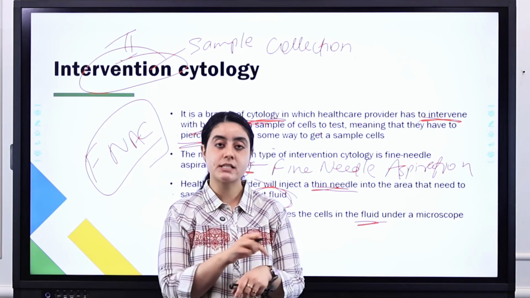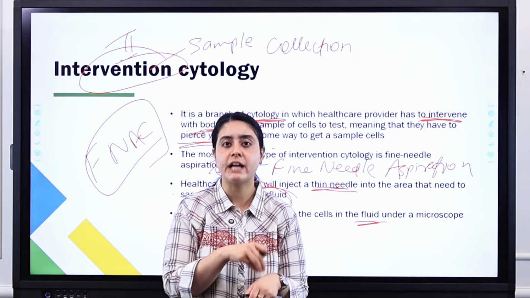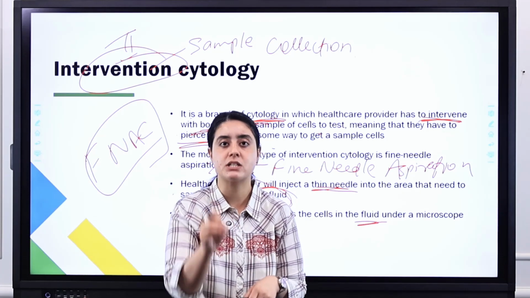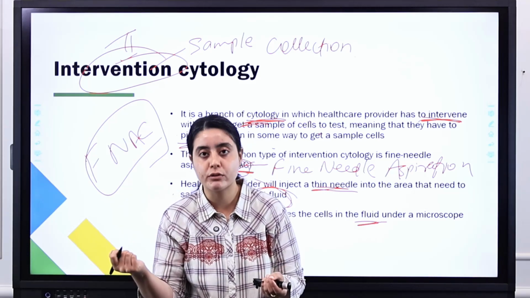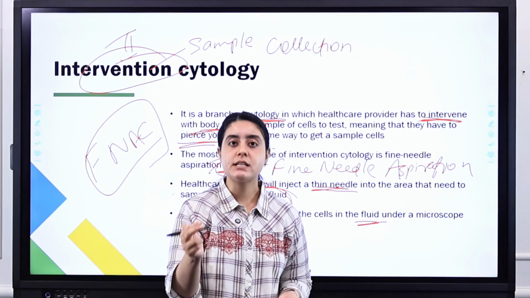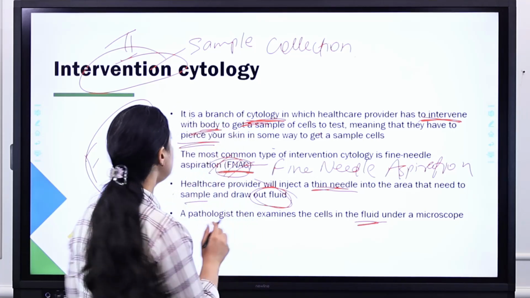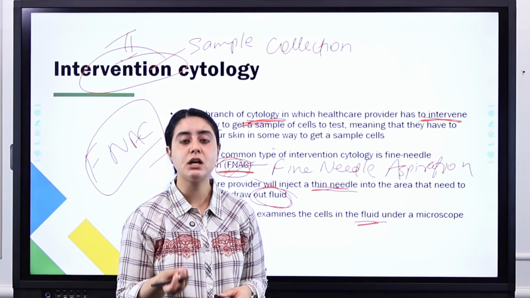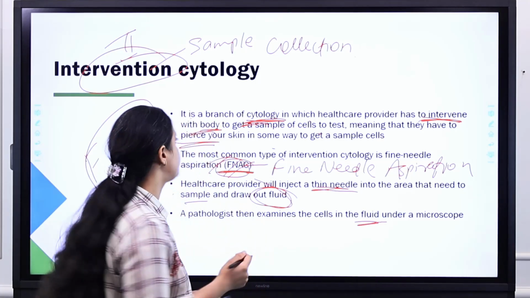Then we can assume that this is the area of deformity, with some fluid-filled cavity under the patient's skin. The needle is inserted and collects that abnormal fluid, which is further processed and examined under the microscope by the pathologist. So what is the meaning of intervention cytology? To pierce the skin with a needle and then take out the sample.